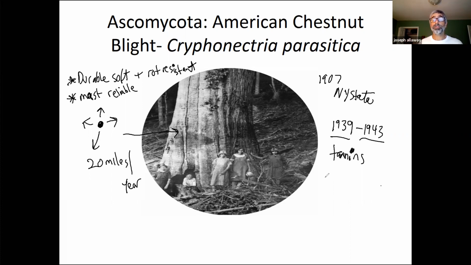Now, really, since the 40s, they have been breeding the American chestnut, or what was left of it, with Chinese chestnuts in an effort to make a hybrid that is resistant to the fungus. The idea is you want to eventually be 99% American, and then in that 1% you have the resistance gene.